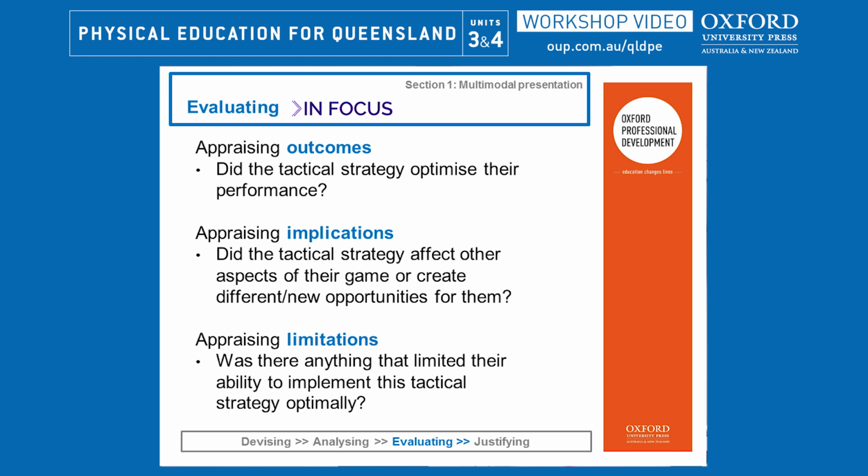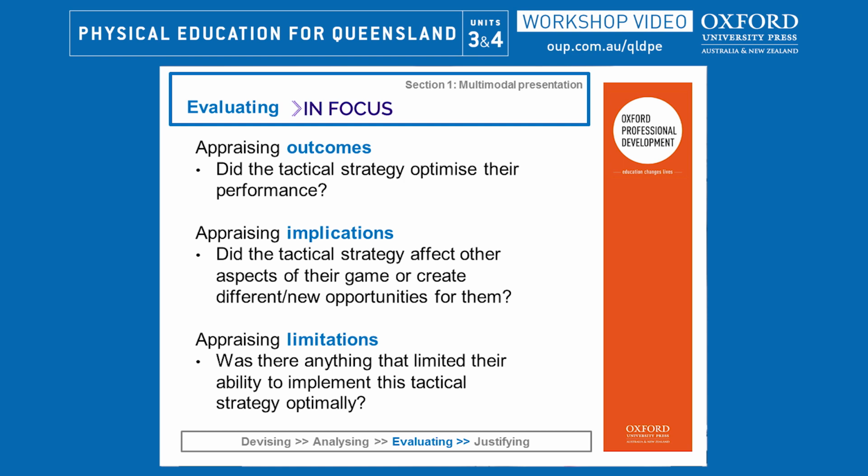And so a surprising implication of this personal tactical strategy was that I can make a shot from goal into the other goalkeeper's box. That wasn't part of the plan to begin with. It's an additional implication of that personal tactical strategy.